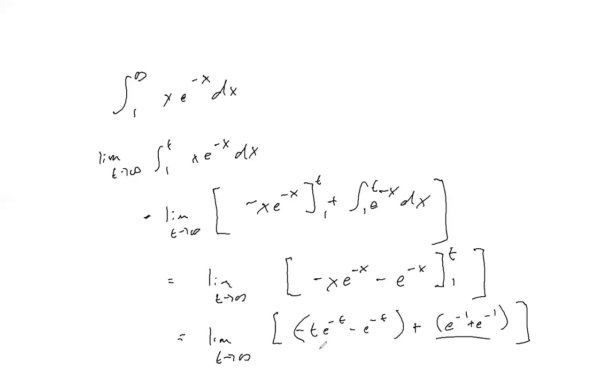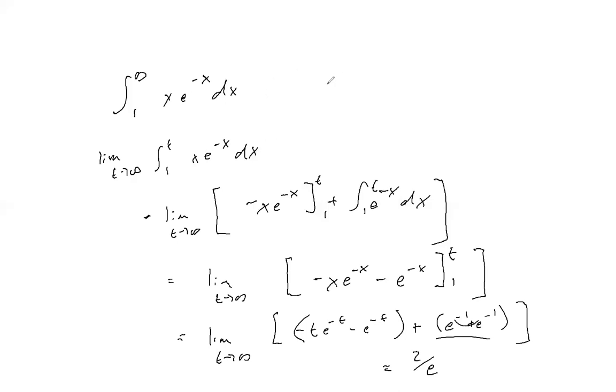So my entire limit should be 0 plus this finite number, okay? So my limit should just be 2 over e, okay? So that means my integral is convergent.